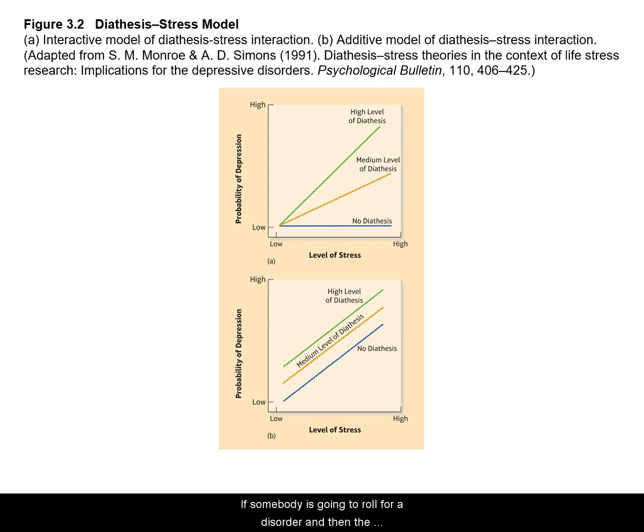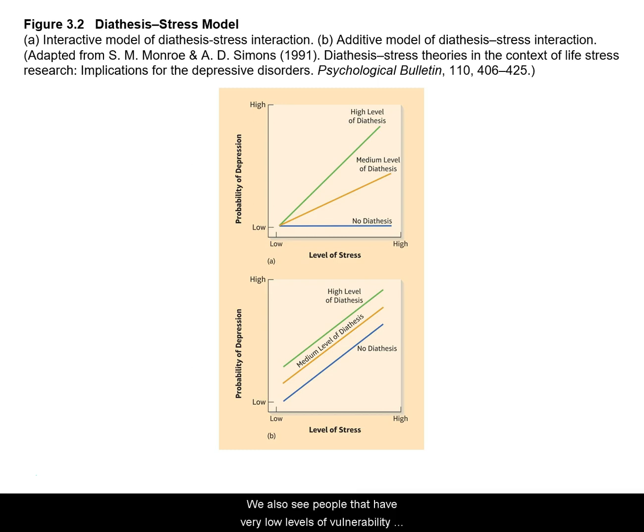If somebody is vulnerable for a disorder, the stress is those stressors that happen that cause somebody to feel depressed. So the idea in the diathesis stress model is that we see individuals who have a very high vulnerability for, let's say, depression, but they don't become depressed, and it might be because they don't have these triggers or these high levels of stress.